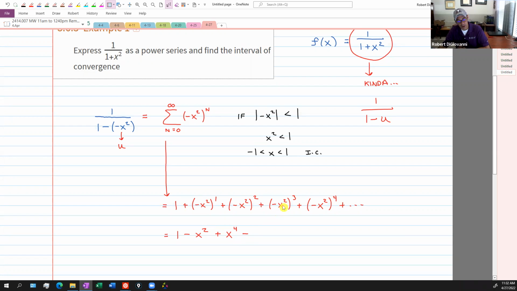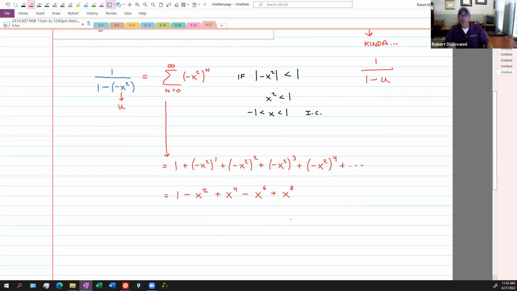And then x squared cubed, you multiply those, so this will be x to the 6th. The next one will be a positive because we're taking a negative, raising it to the 4th. And so we'll get plus x, and multiplying 2 times 4 is 8. Plus dot, dot, dot.